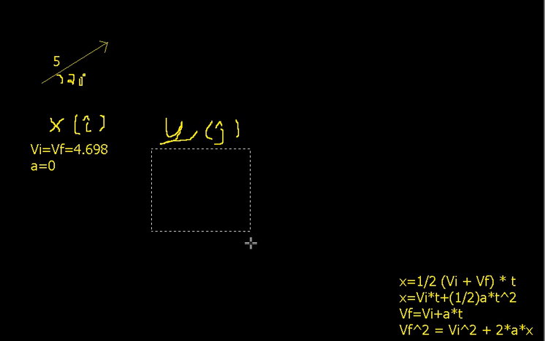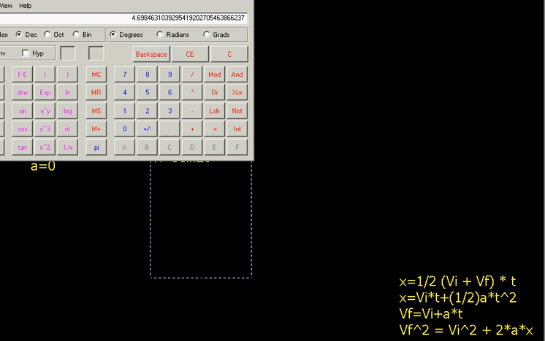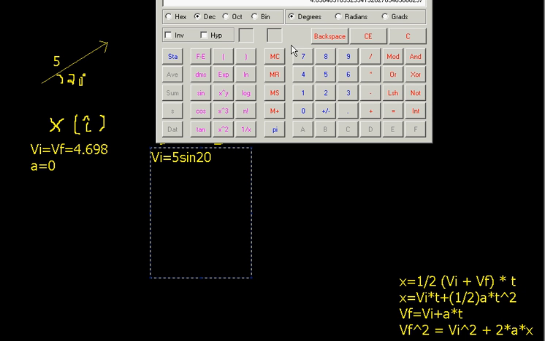Here, in the y direction, what do we know? Well, first off, right away we can say that the initial velocity, we don't know the final velocity because there is acceleration in the y direction. But the initial velocity is going to be equal to 5 times the sine of 20 degrees. Hopefully you're getting more familiar with seeing the sine and cosine. Hopefully I've given you enough examples.